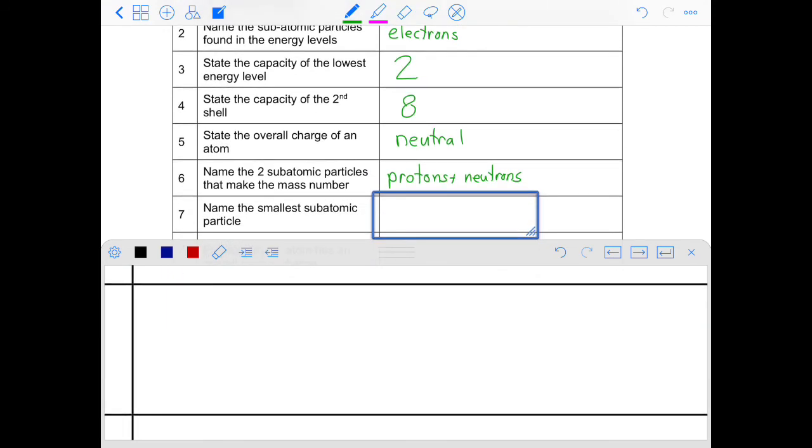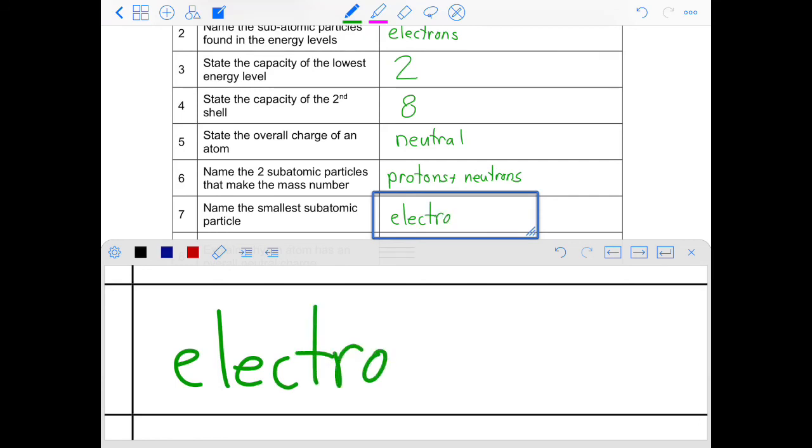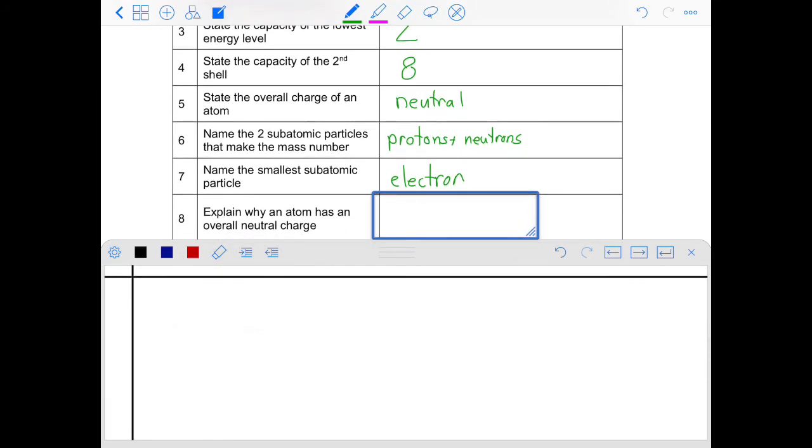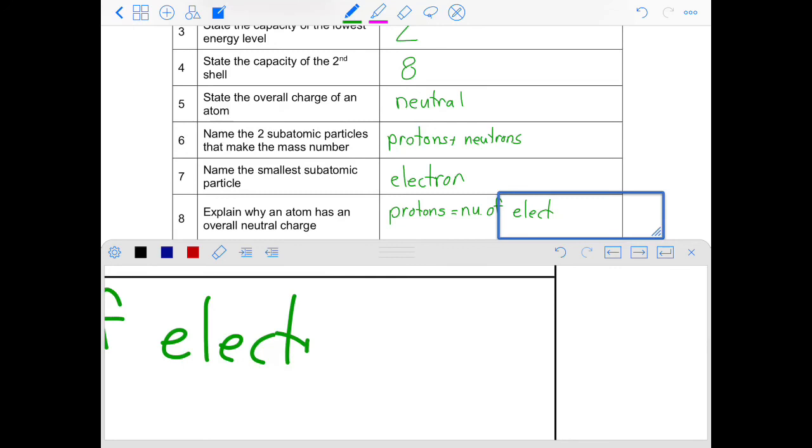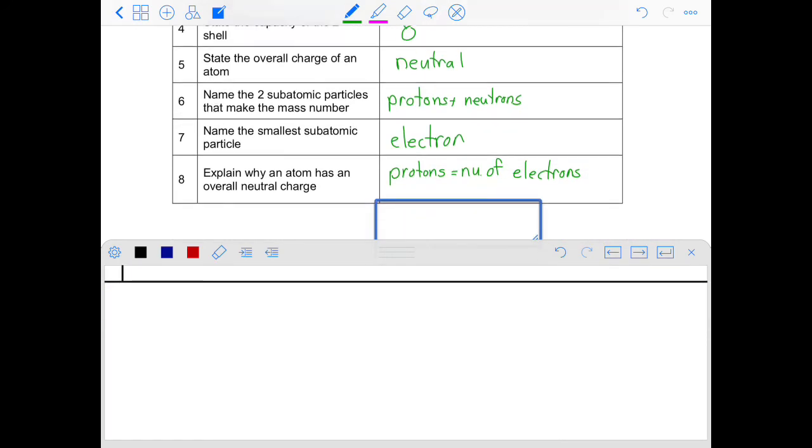The smallest subatomic particle is the electron. Why an atom has an overall neutral charge is because our number of protons is equal to the number of electrons. And so they cancel each other out, or they balance each other.